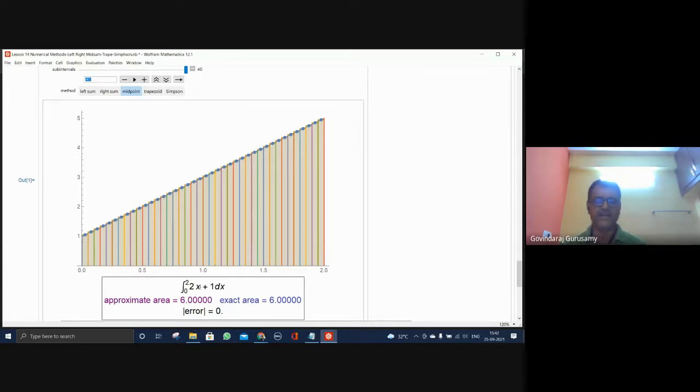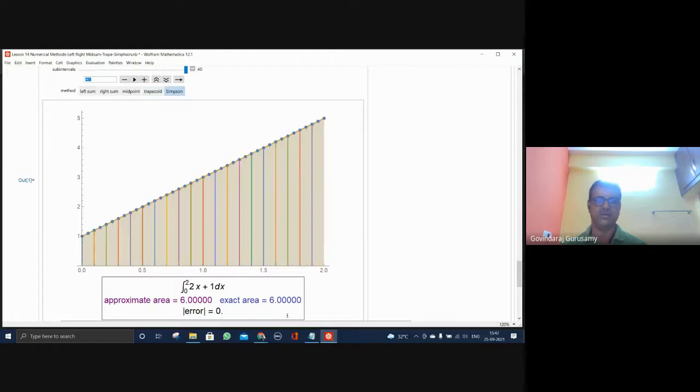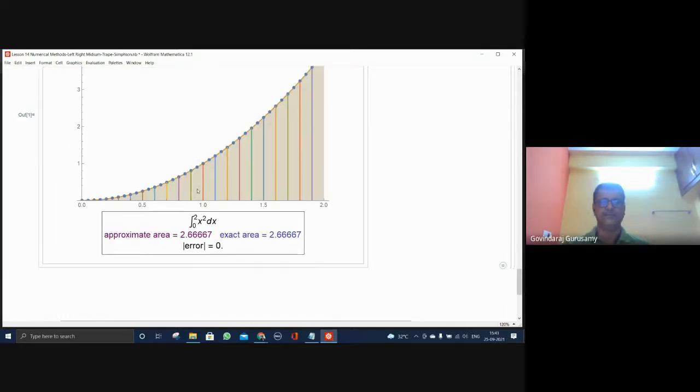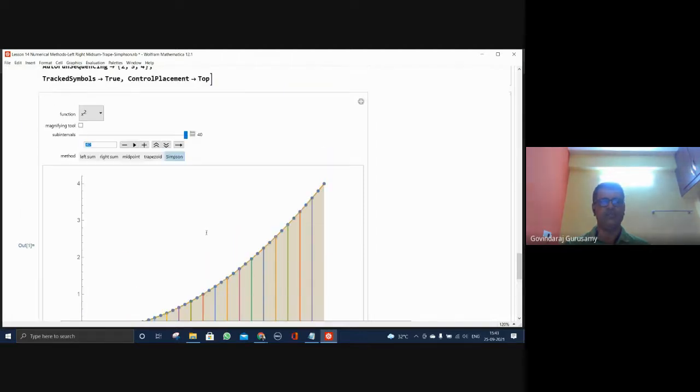So actually what is happening, there are excesses and there is a lower portion also, but when it averages out, you are getting exactly 6. Then trapezoid and Simpson also give the same number, 0 errors, because the function is a straight line, 2x plus 1. And this is the area under this curve. x square is parabolic. Well, this is also giving an exact value for the 48 case of the trapezoid.